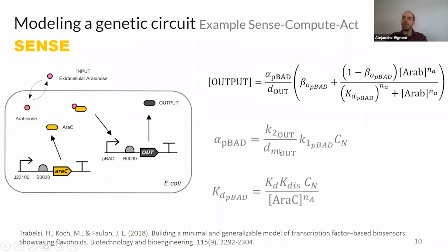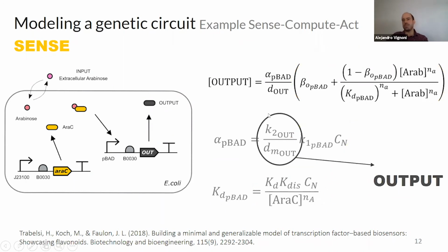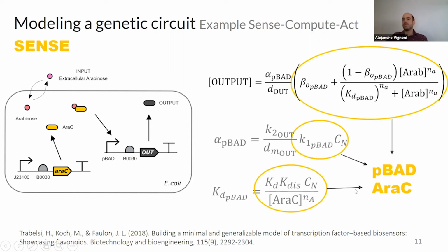I wanted to show this. These two depend on the output, what you connect here, and the other elements of the Hill function and parameters depend on the module itself, the sense module, which are these guys. These ones I already mentioned. And the Kd of the PBAD depends on many things.